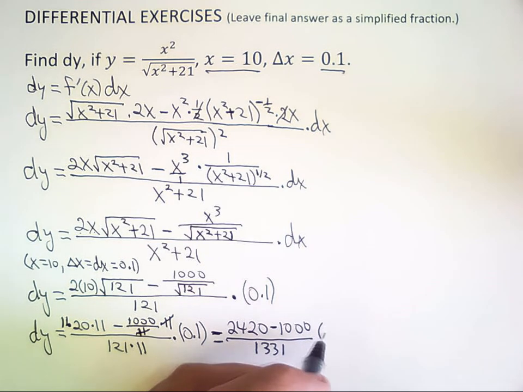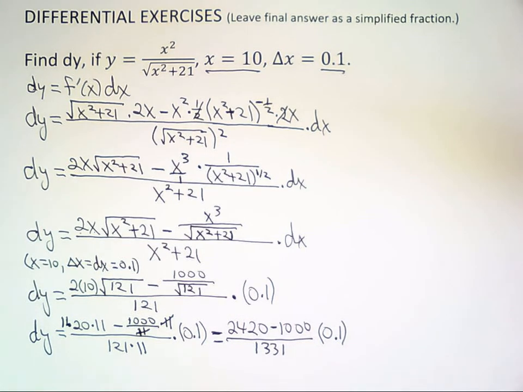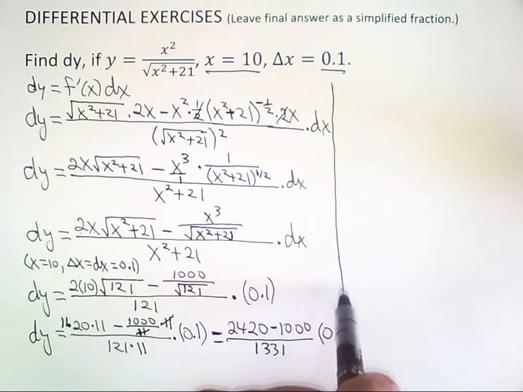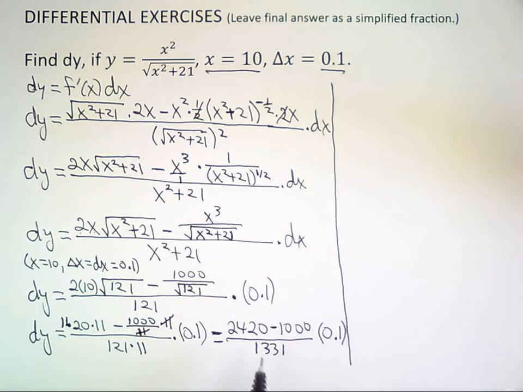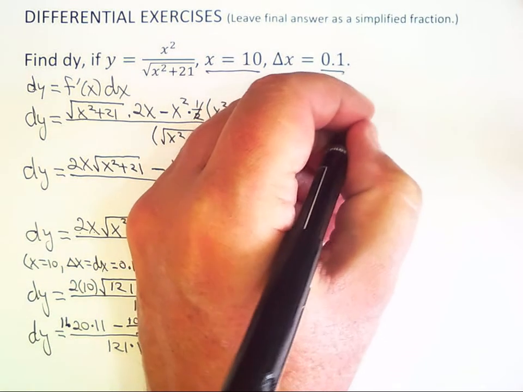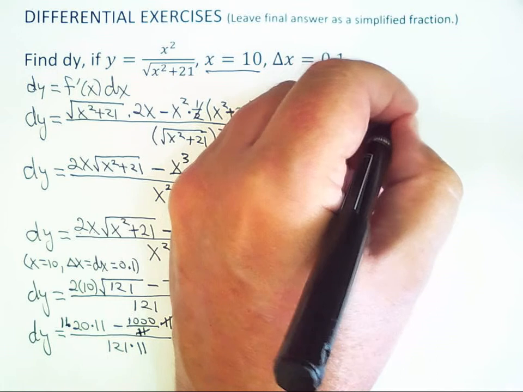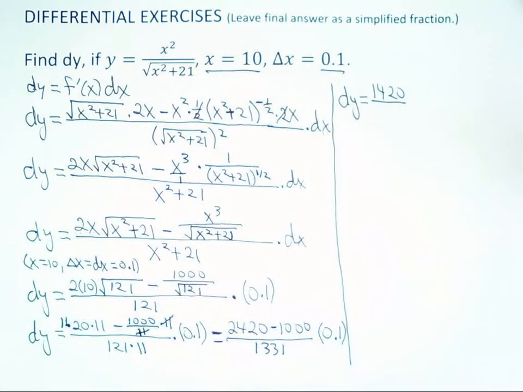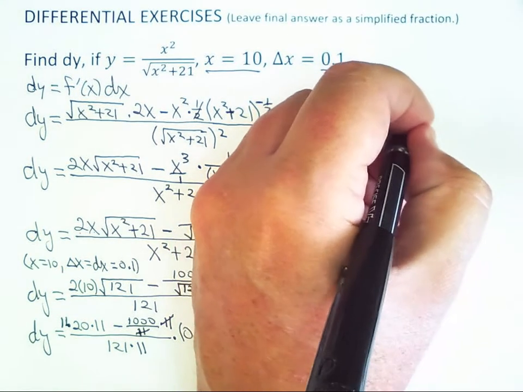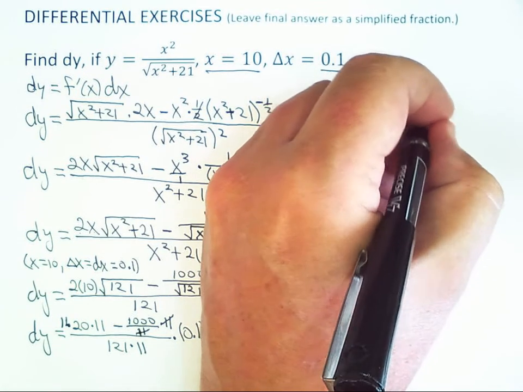And that's multiplied by 0.1. Now I'm running out of room down there, so let's move back up. 2420 minus 1,000 is 1,420. So I'd get dy equals 1,420 divided by 1331, and that's still multiplied by 0.1.